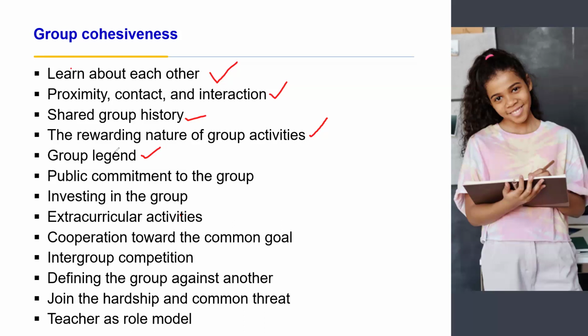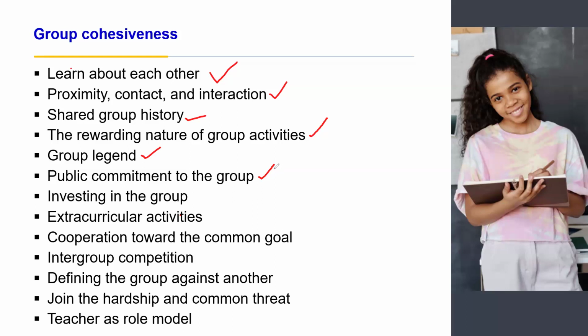The next one is public commitment to the group. This is what the group needs to agree on and bring to the outside, for example the way the group does its work, which other people can see.